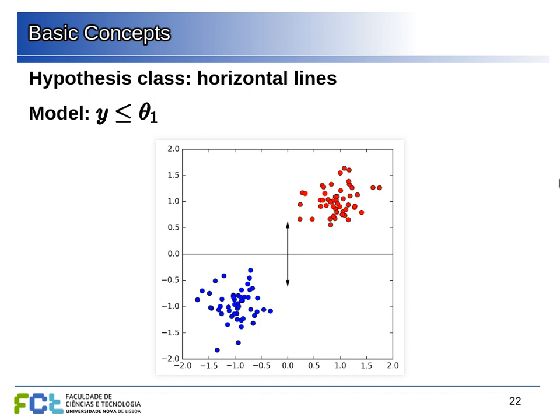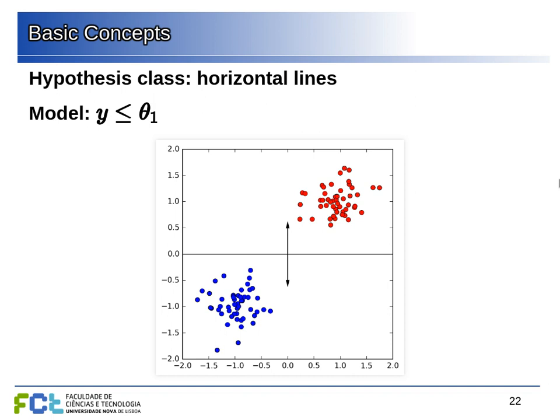Now, we also have this model, which is a representation of the set of hypotheses. Typically, we can represent our set of hypotheses with an equation and some parameters. In this case, we can represent horizontal lines by this equation, y less or equal to theta. This would be the blue class. The red class would be on the other side.